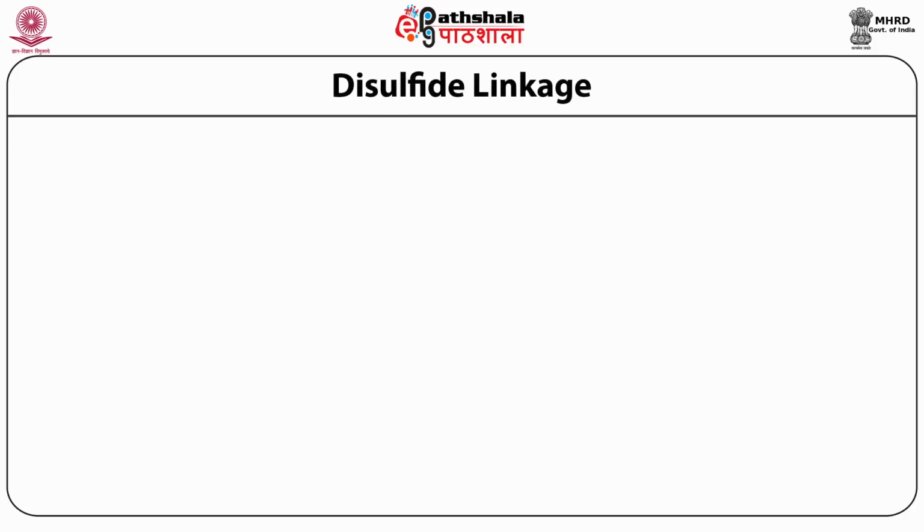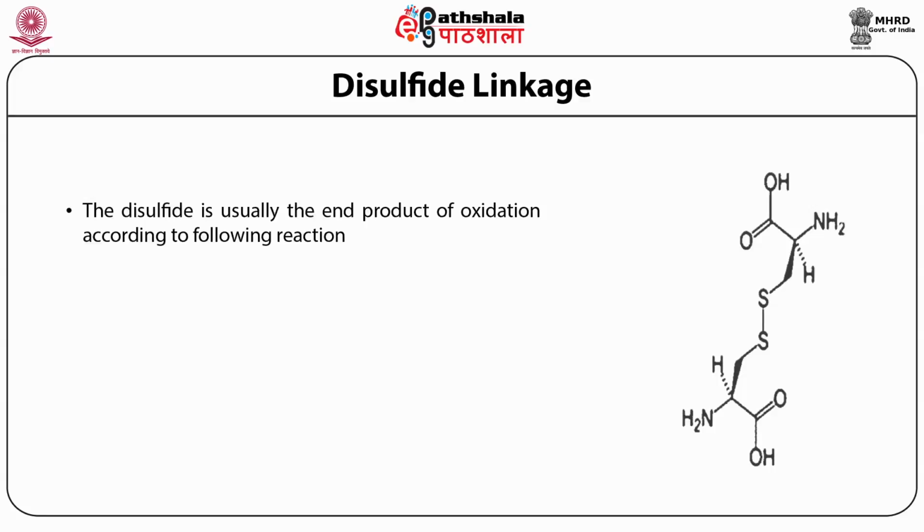Disulfide linkage. Disulfide is usually the end product of oxidation according to the following reaction: 2 CH2SH plus half O2 equals CH2S-SCH2 plus H2O.